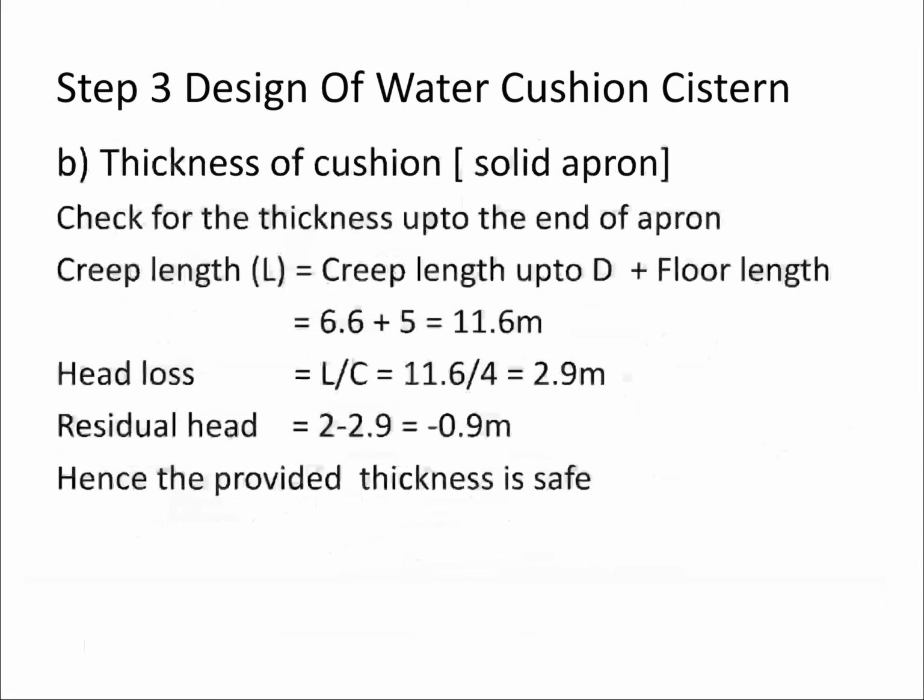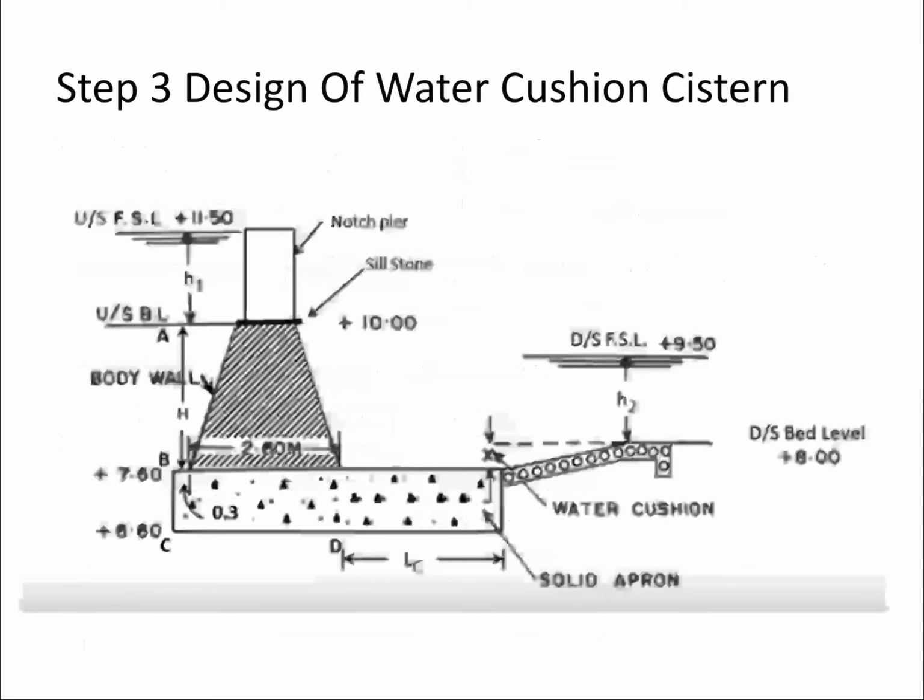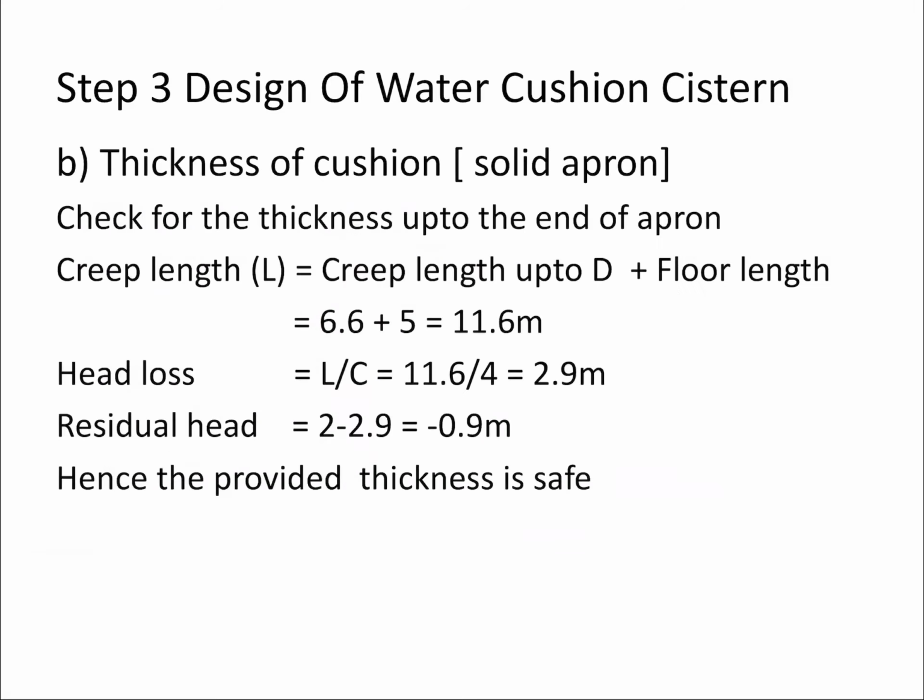Next, we want to find at the end of the apron thickness. That means we had given LC 5 meter of length for the water cushion. So at this point, whether there is an uplift. To find out, we will add that length to the creep length. Creep length up to D is 6.6.